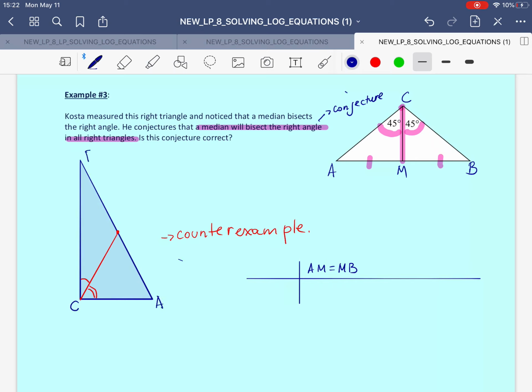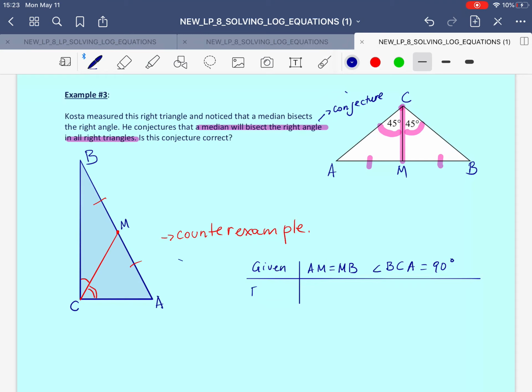So I'll call this the angle C, I'll call this A, and I'll call this one B. And we're going to say that CM is the median, so these two sides are equal to each other. And we also know that angle BCA is 90 degrees.